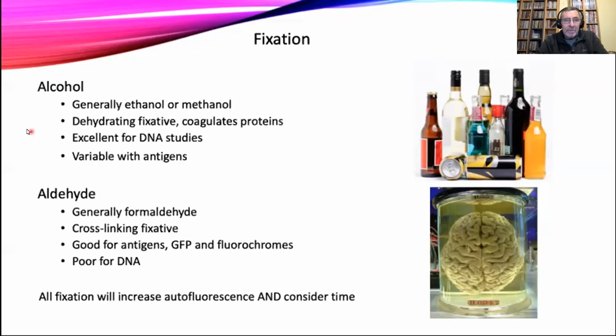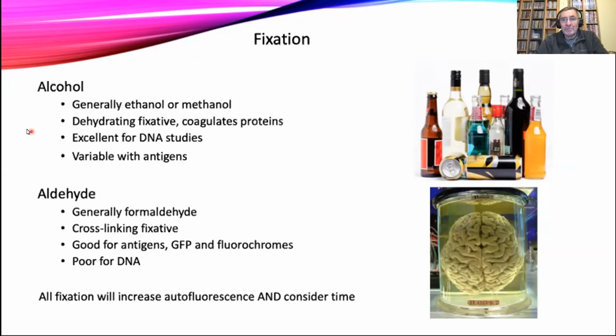But it can be a bit variable with antigen staining, antibody staining, because most of the antibodies that we use in flow or immunofluorescence are directed against a particular conformation of that protein. And if the conformation's been changed, then our antibody may no longer bind. So that might be something that we need to check.